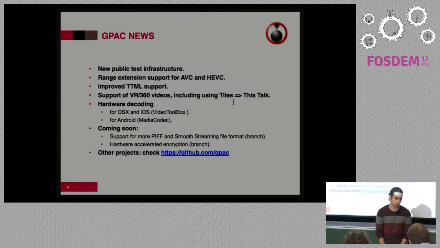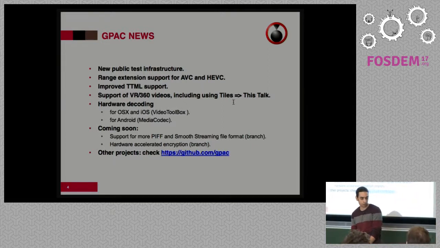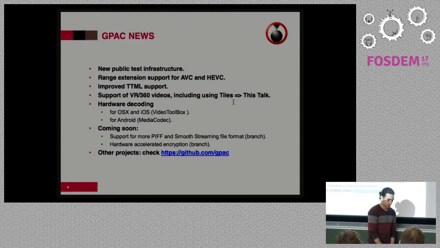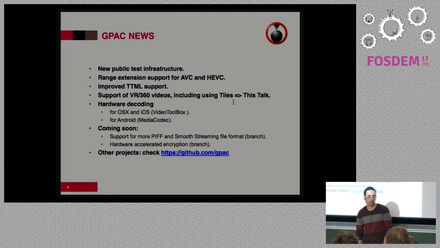And we work on a branch to support more PIFF and smooth streaming file format, and hardware acceleration in encryption. We have also a lot of interesting projects which you can check in our GitHub.